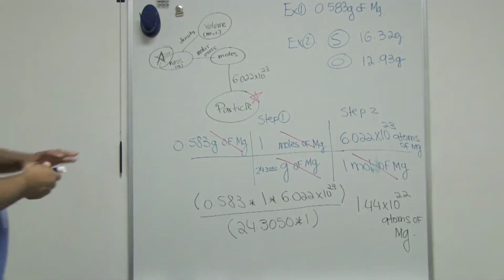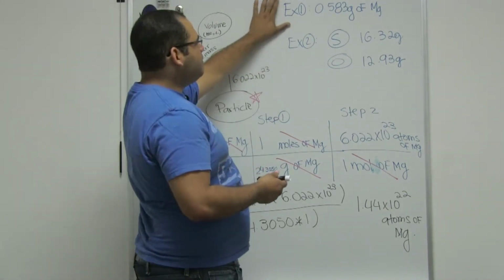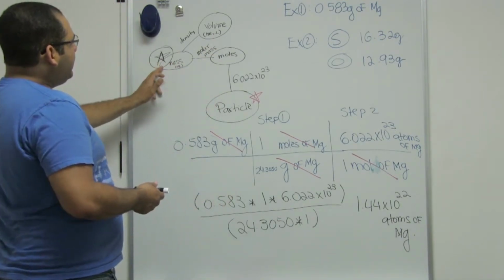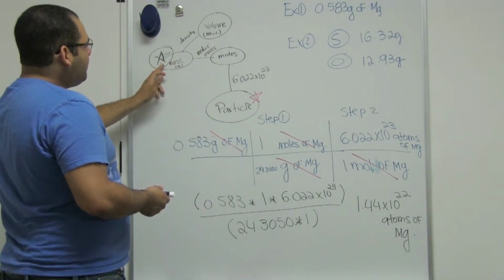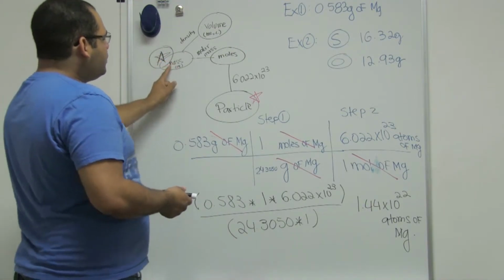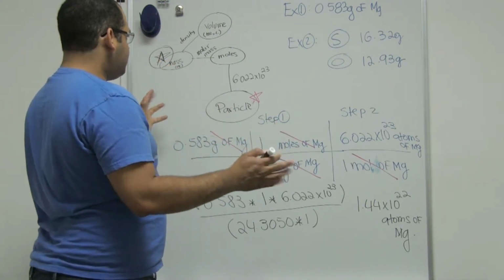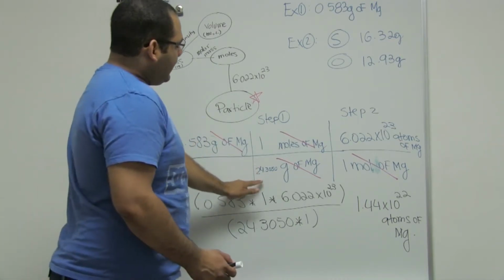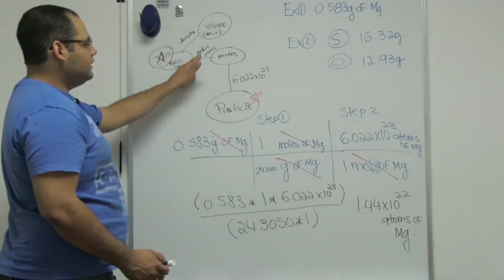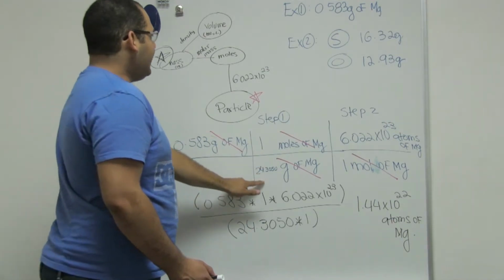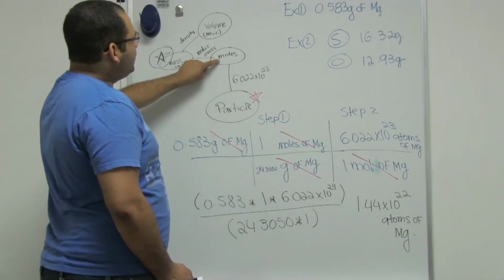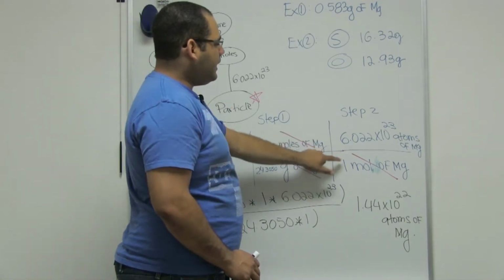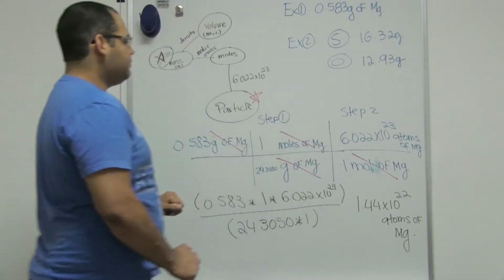Again, the question gives me grams and asks me how many atoms I have there. So I know that I'm here in my molar map, in the mass. In order to find how many particles or atoms, I need first to find the moles. This is what I did in my step 1, using my molar mass. Then in step number 2, I need to convert moles to particles or atoms, and in order to do that, I use Avogadro's number.